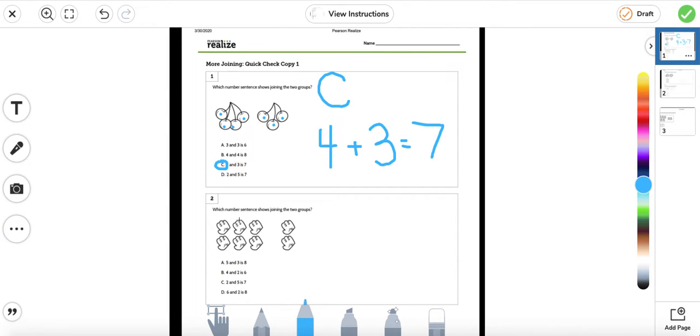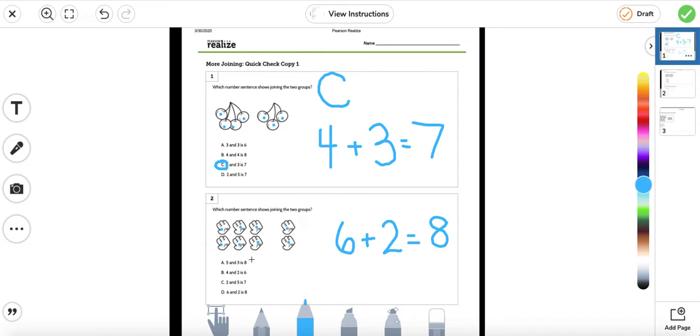Number 2. Which number sentence shows joining the two groups? So we're going to do the same thing. In our first group, we have 1, 2, 3, 4, 5, 6. In our second group, we have 1, 2. What is 6 plus 2? 6, 7, 8.